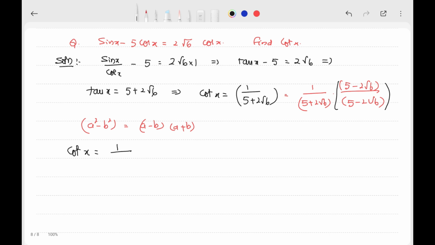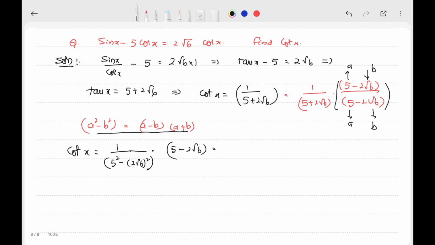Then what happens? Cot x is equal to 1 by (5 plus 2 root 6) into (5 minus 2 root 6). In the formula, (a plus b) into (a minus b) is a square minus b square. That we can write as 5 square, this is a, this is b, 5 square minus (2 root 6) whole square, this is 1, into (5 minus 2 root 6).